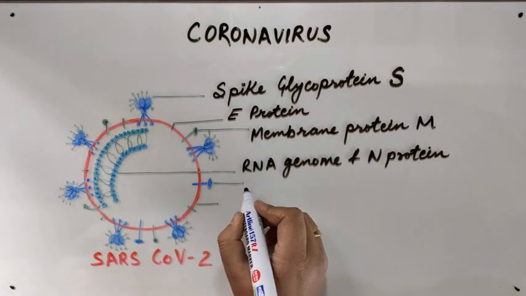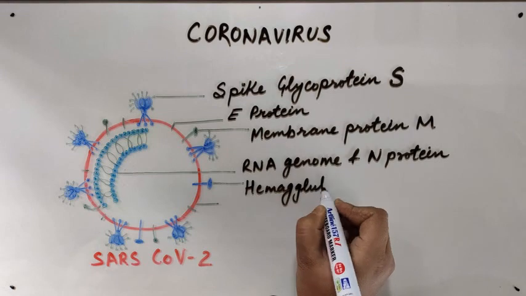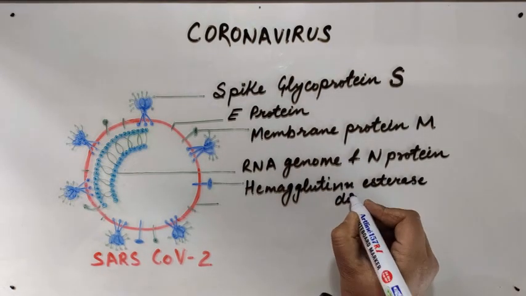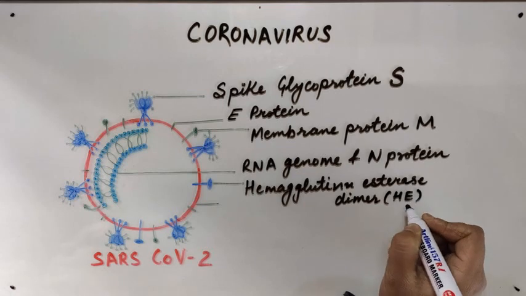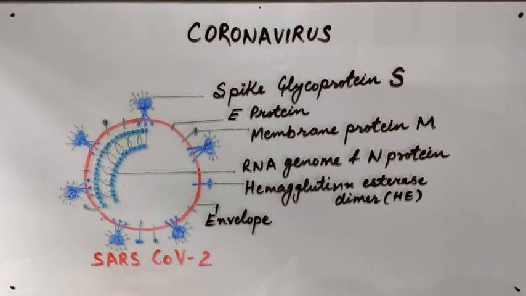This is hemagglutinin esterase dimer, HE. This is the outer lipid layer envelope.